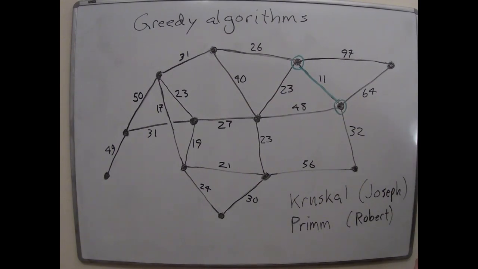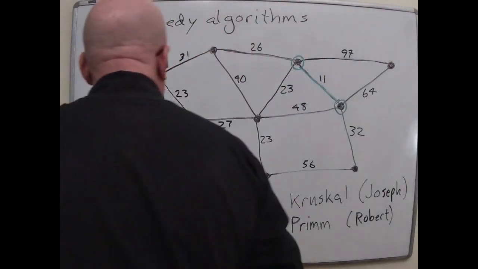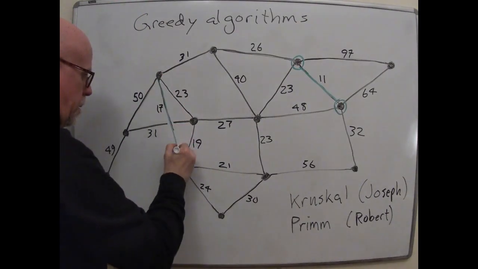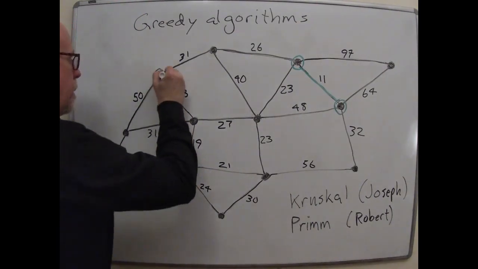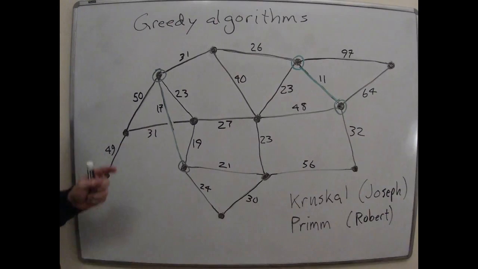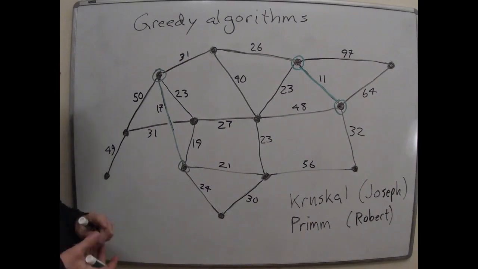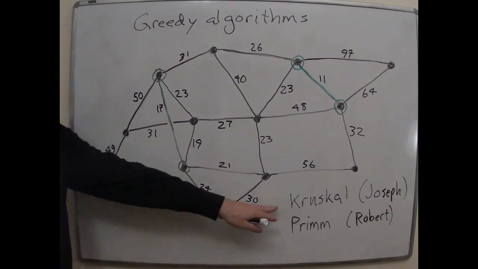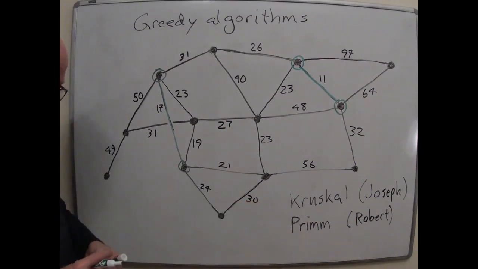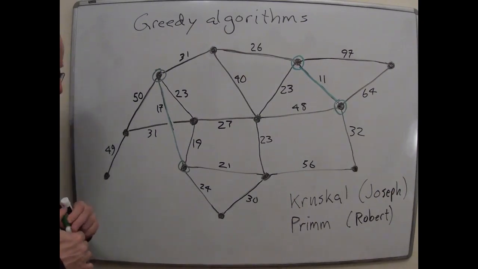What is next cheapest after that 11? I'm seeing a 17 over there. So add that. Now, I think so far nothing could have gone wrong, but there does come a time when you think, I'd really like to add this next edge, but if I did, I wouldn't have a tree. So you have to spell that out fairly carefully in a greedy algorithm. What's a condition that allows you to grab the very next cheapest thing?